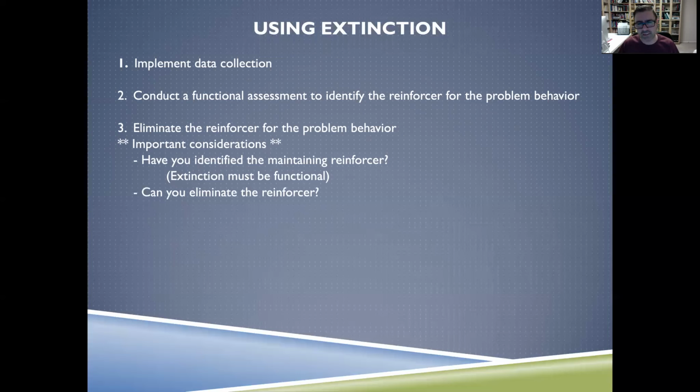Now, the question is, can you eliminate the reinforcer? Is the reinforcer under your control? So in many of the examples that I gave earlier of automatic reinforcement, you can't really make the feeling of the hair in someone's hand not reinforcing. If that's reinforcing for that person, there's nothing really you can do about that.